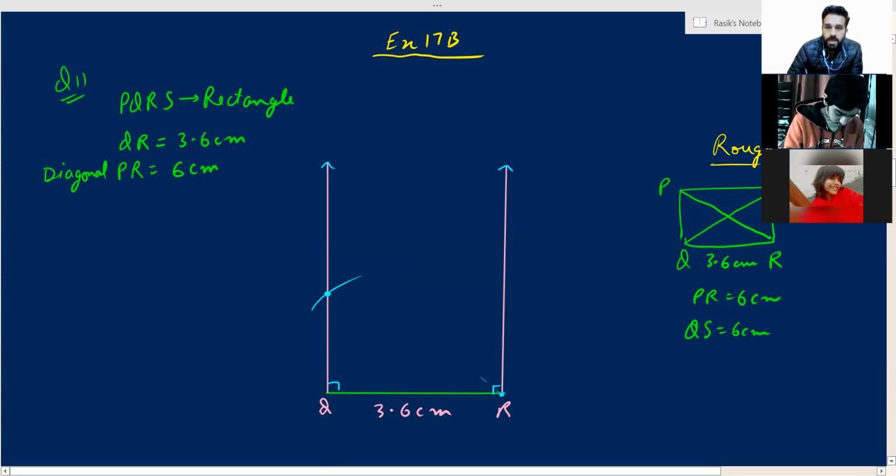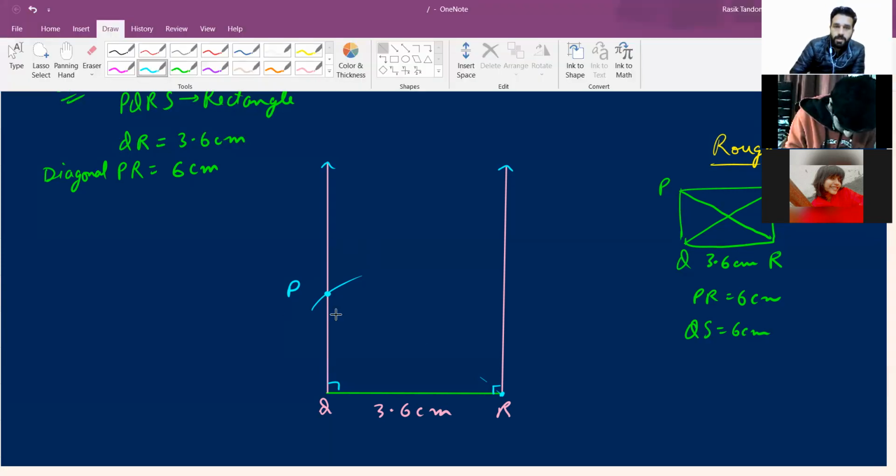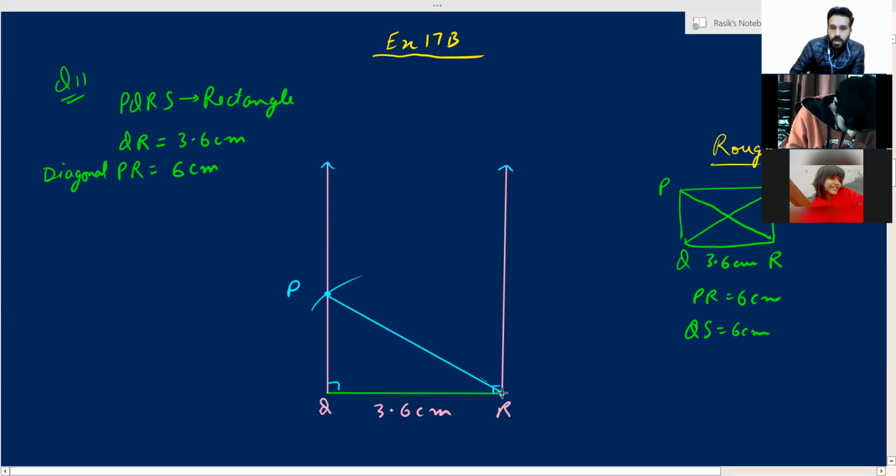Keep the compass at R, take 6 centimeter radius and draw an arc on the opposite side. So you will get the vertex P. Why have we constructed it on the opposite side? Because this is the diagonal. This is not one of the sides. PR is the diagonal of the rectangle. So PR is now 6 centimeters. We have constructed PR of 6 centimeters, the diagonal.